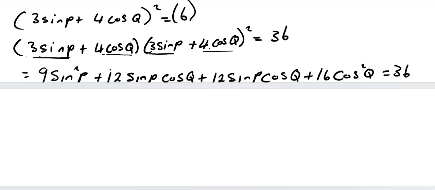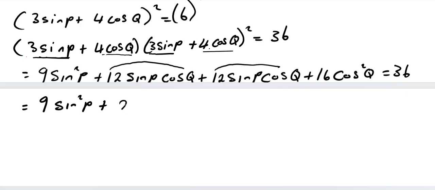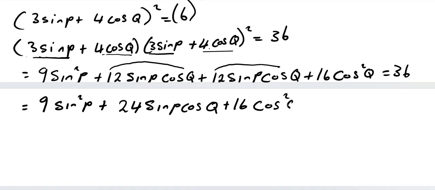Here we have 12 sine p cos q and 12 sine p cos q. Adding them, we get 24 sine p cos q. So we have 9 sine squared p plus 24 sine p cos q plus 16 cos squared q is equal to 36.